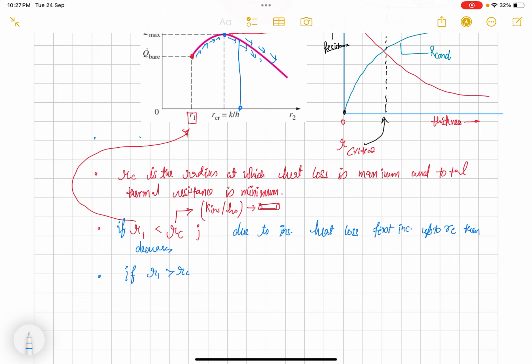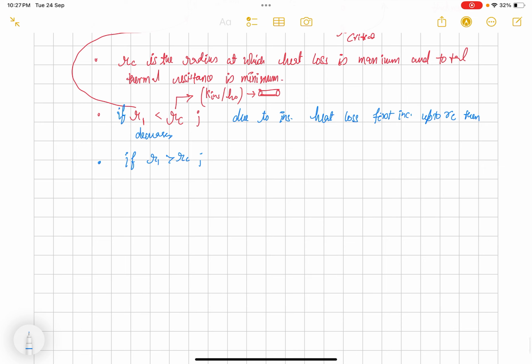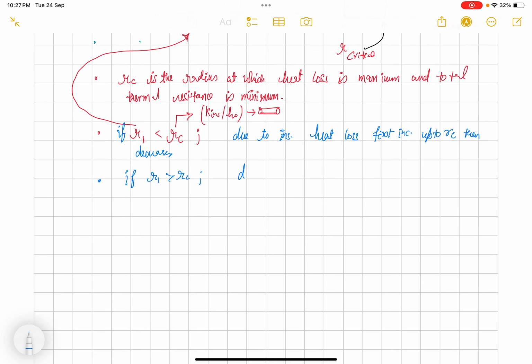For wires, the sizes are generally small, so we have to work in this area for them to increase the heat loss, and for a steam pipe we have to be in this area for reducing the heat loss. So for the second case, due to insulation, heat loss always decreases.